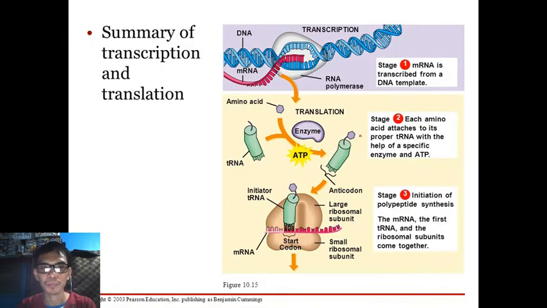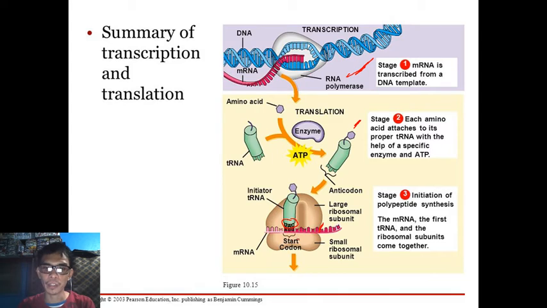Next up, this is the summary of the process of transcription and translation. The transcription happens in the nucleus, and translation happens on the ribosome. So we have your ribosomal unit over here, and your anticodons over there. This is your codon.